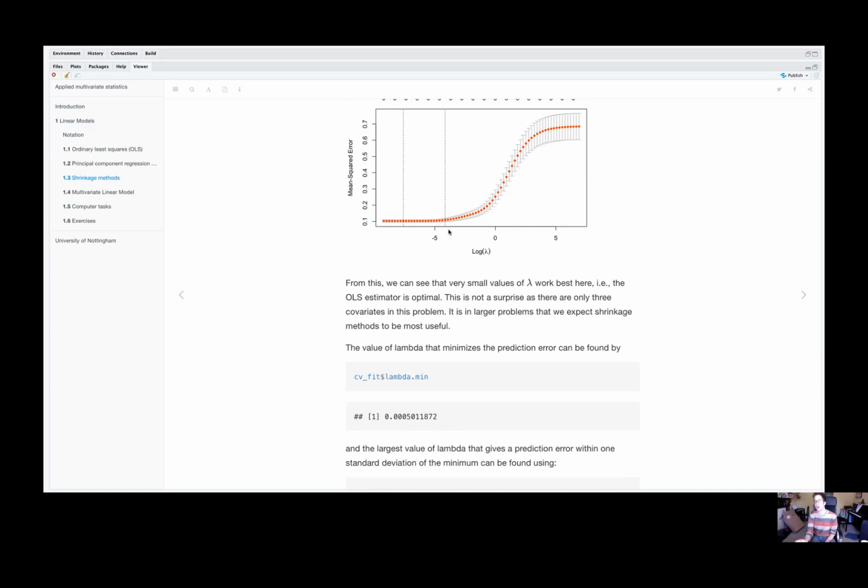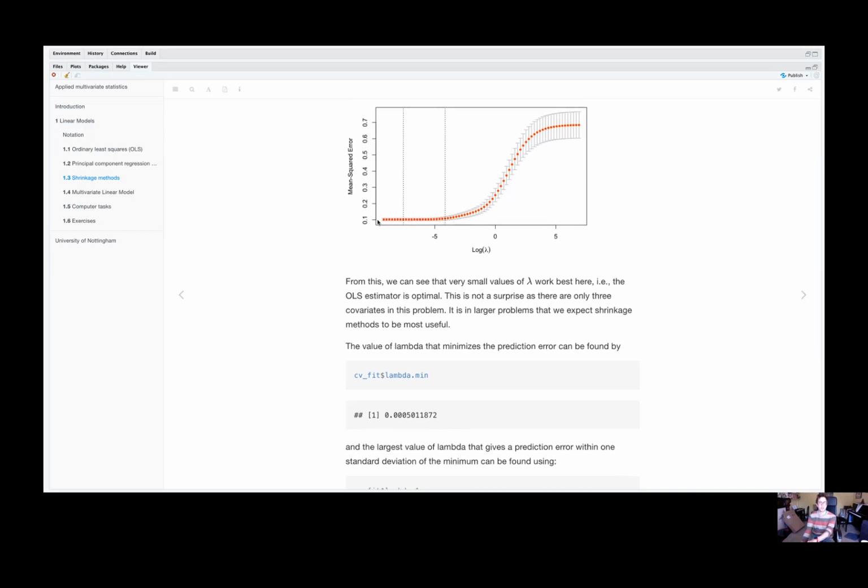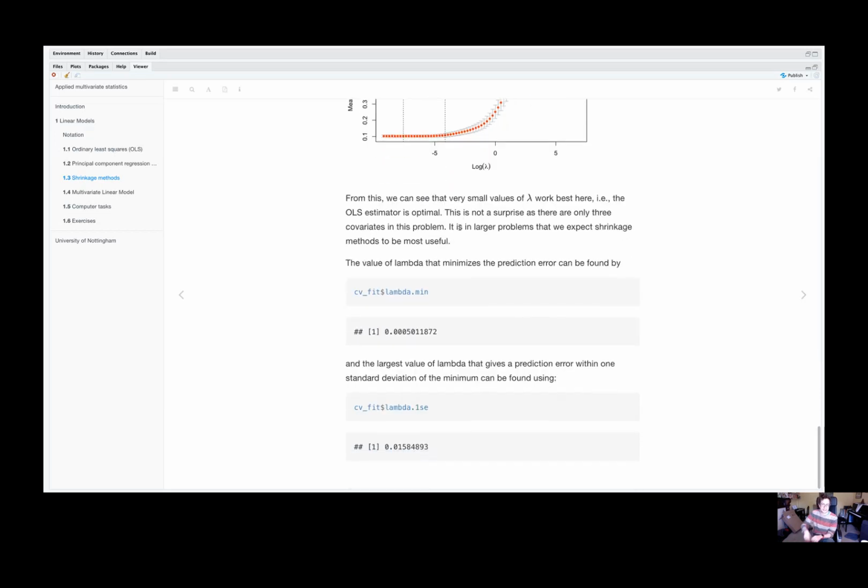So it's kind of like the largest value of lambda you can use. It gives, statistically speaking, about the same error as the best possible value of lambda. So we normally pick one of these two for our choice of lambda. And you can access them this way from the output of the cv.glmnet command. Two different ways of outputting those numbers.